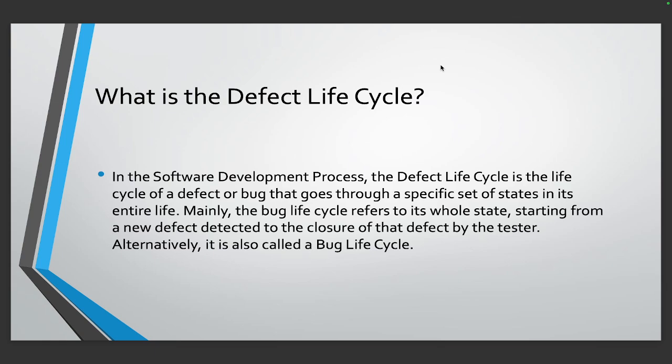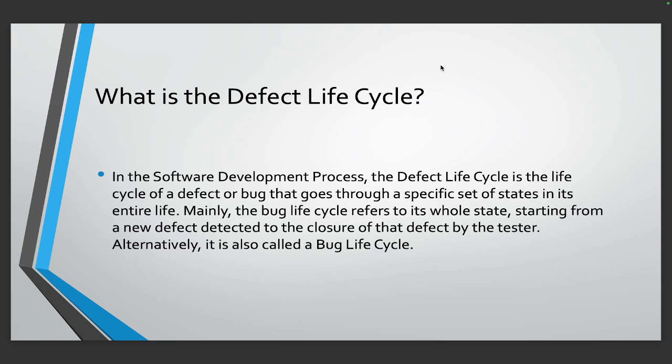The number of states that a defect goes through also varies depending upon the different tools used and the process. So it can vary from project to project, as we said.